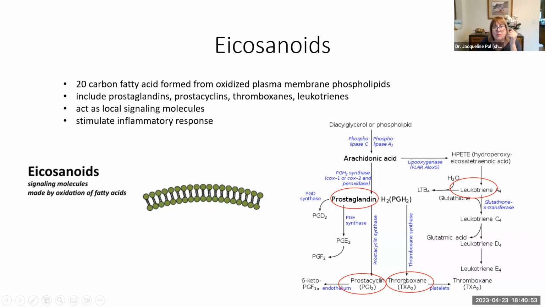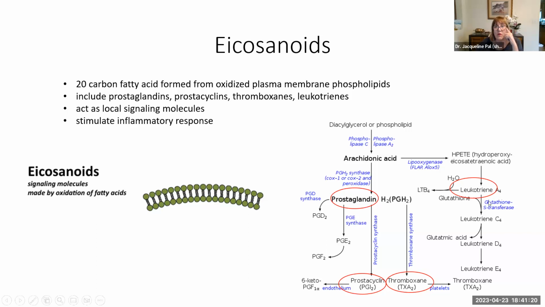Our second group are our prostacyclins. Prostacyclins are ones that at sites of injury will cause the blood vessels to dilate and will increase blood flow. The third one are thromboxanes, and these are ones that will cause the blood vessels to constrict and the platelets to start the clotting process.